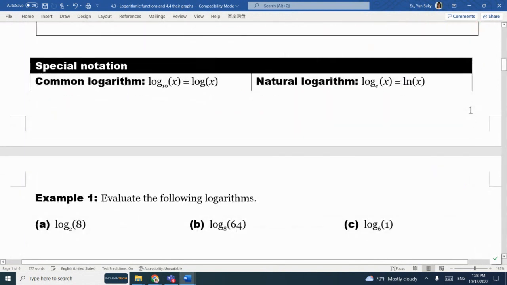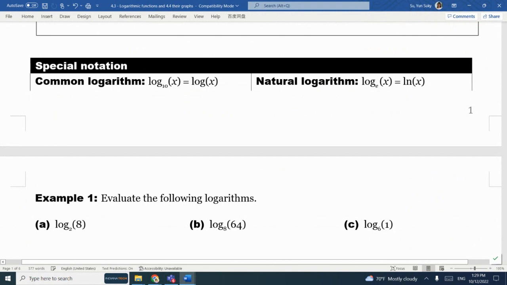Common log. If you don't see the base, we assume the base is 10. If the base is e, then we use the notation natural log, ln. So ln means the base is e.